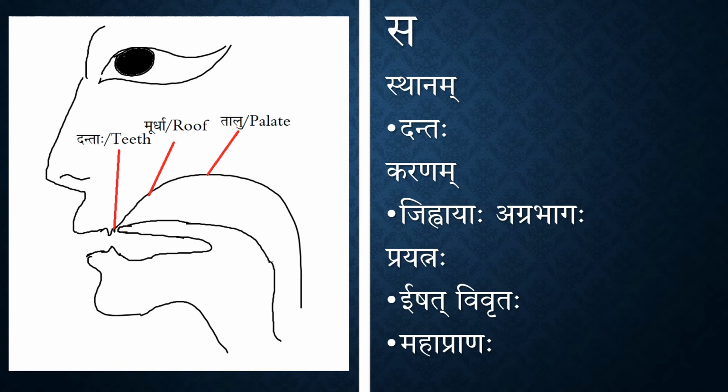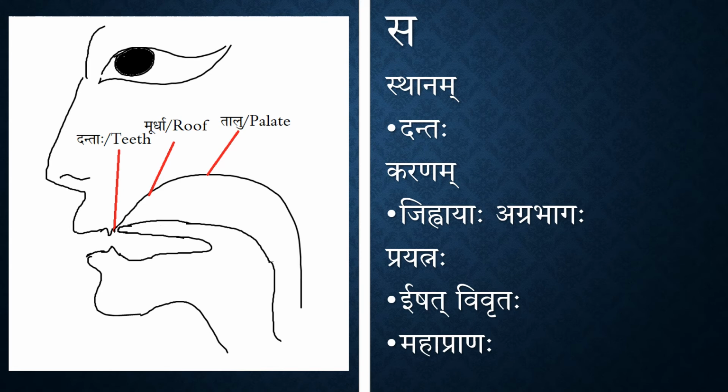They have the same abhyantara prayatna, the primary effort, and the bahya prayatna is also the same: ishat vivrutaha and mahapranaha. That means the tongue doesn't completely touch the part of the mouth, and more breath is needed. So taking the tip of the tongue behind the teeth but not completely touching it, pushing the air out, you can pronounce sa, sa.